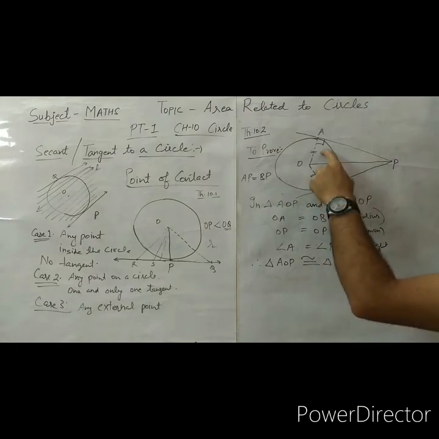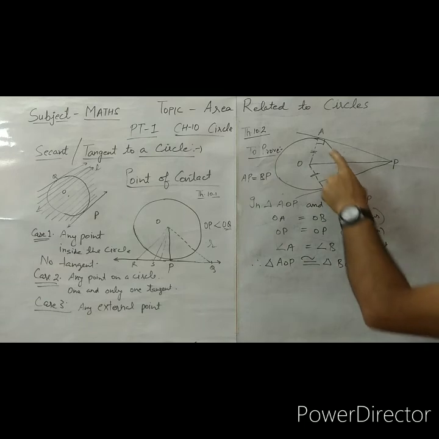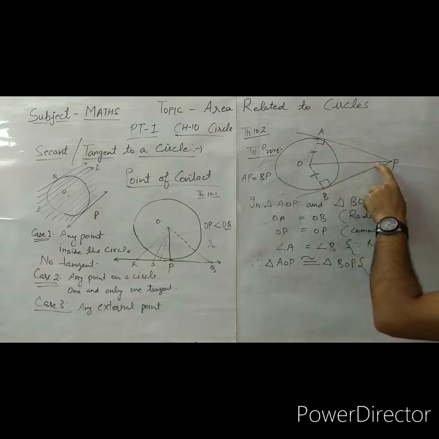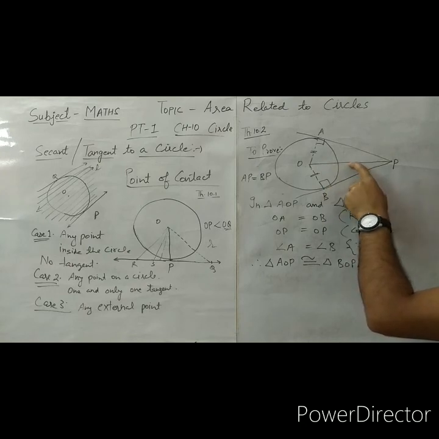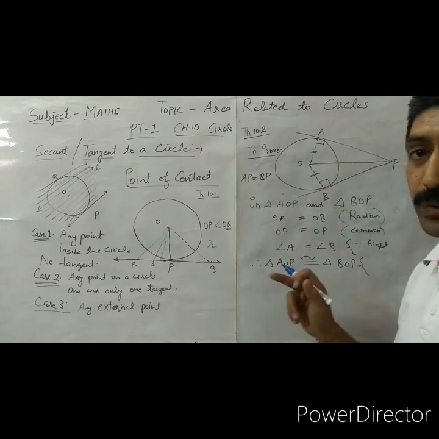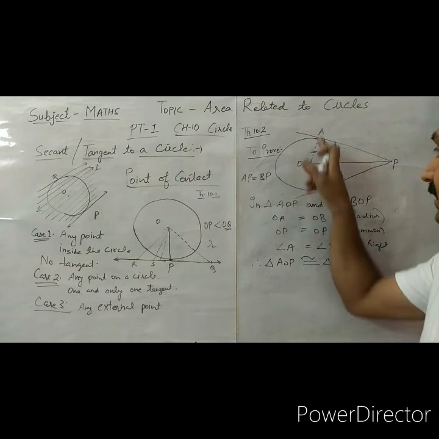Triangles are congruent by which rule? Right angle, the side opposite to the right angle, that is OP. For both, OP is the opposite side, that is the hypotenuse, and the other sides are OA and OB.